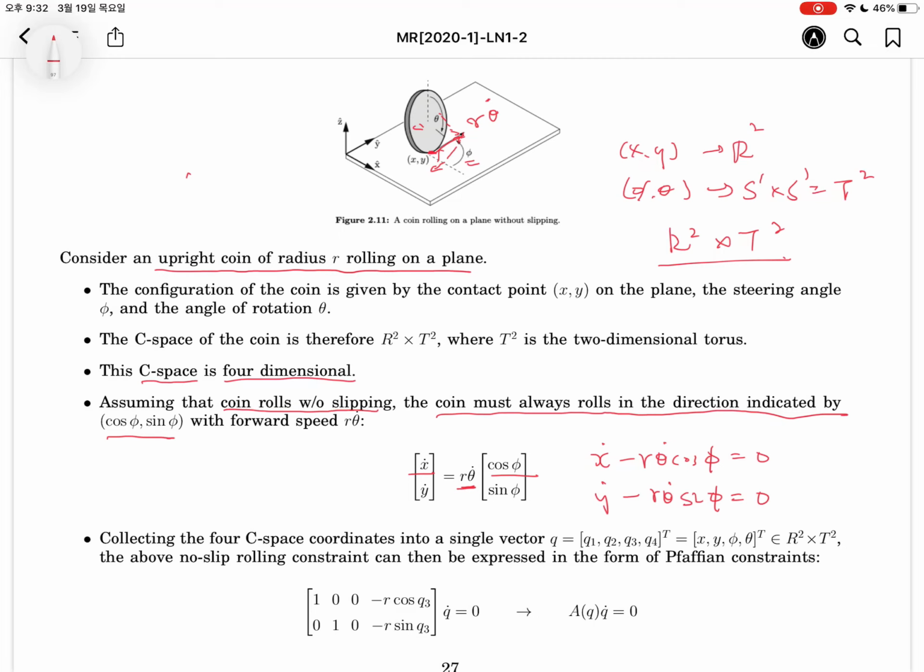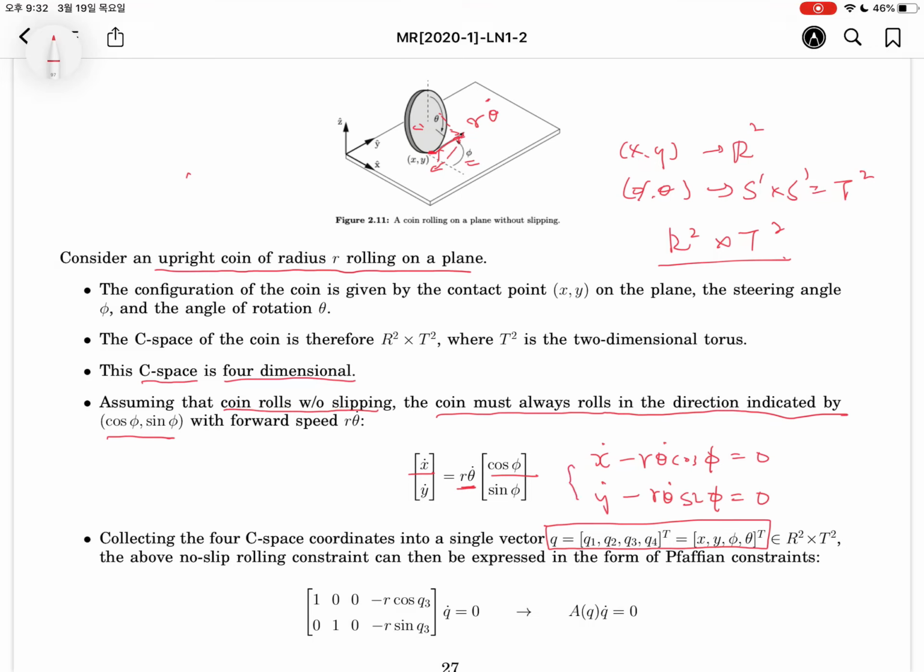Right? So let's apply the generalized concept of constraint. For this purpose, let's introduce q. q1 is x, q2 is y, q3 is phi, q4 is theta.